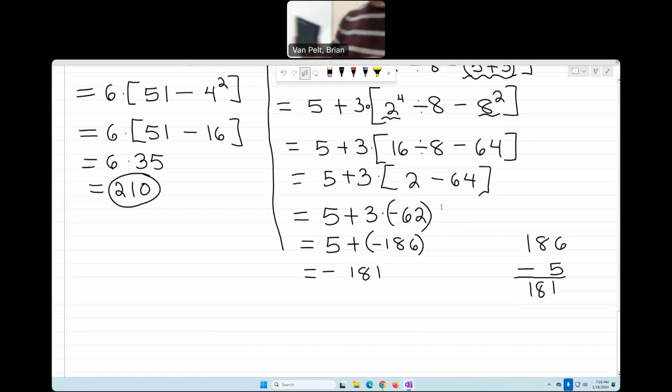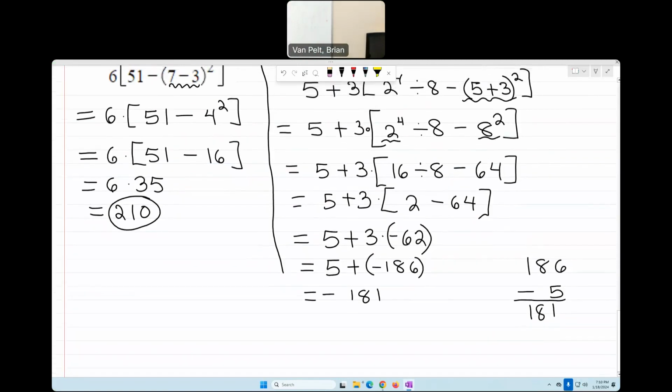The reason I wanted to do it is I wanted to show you how to put it into your calculator. I'll go ahead and write it up there and you see if you can get your calculator to do it. Let's make sure you can get your machine to do it as well.